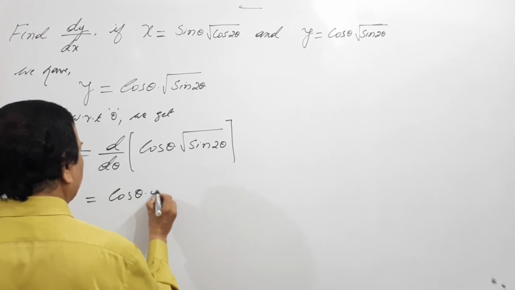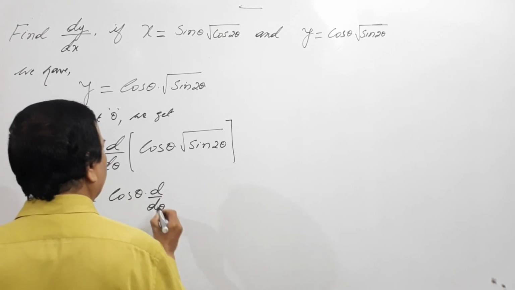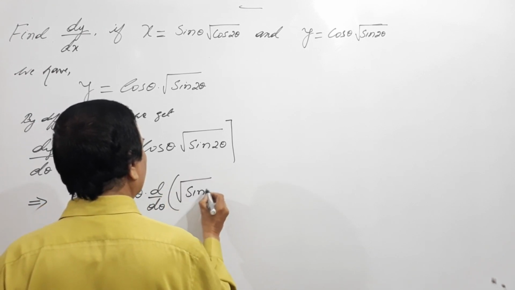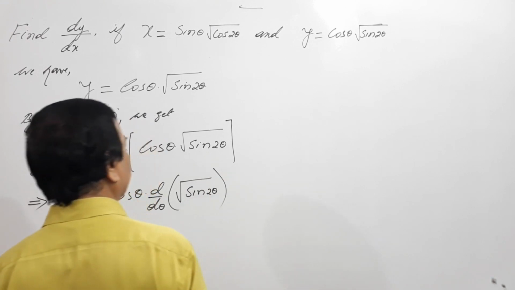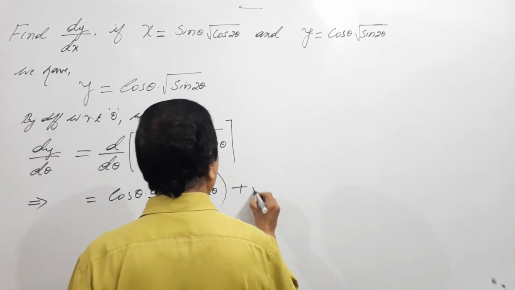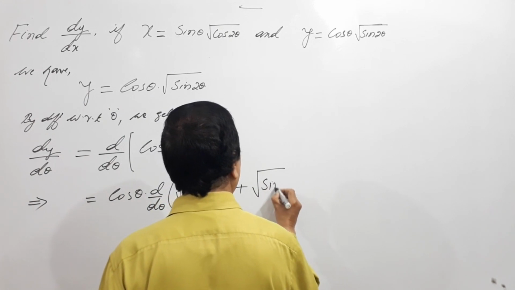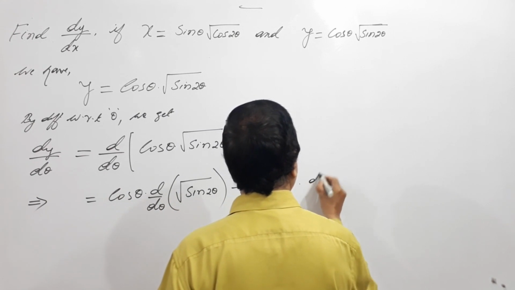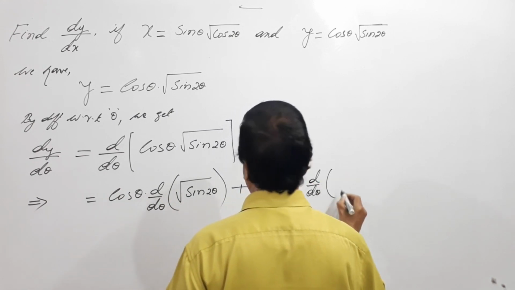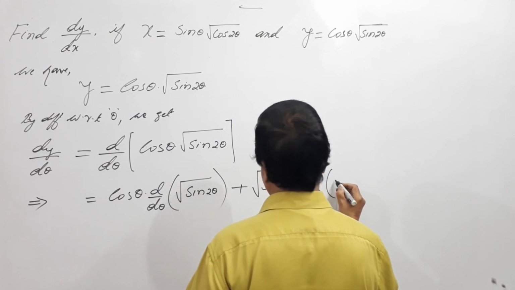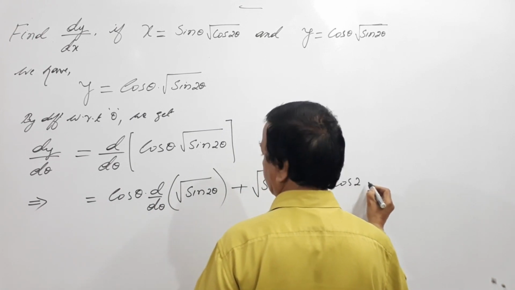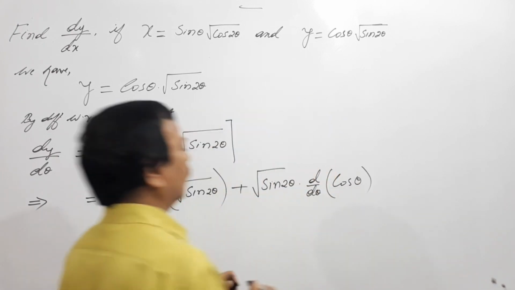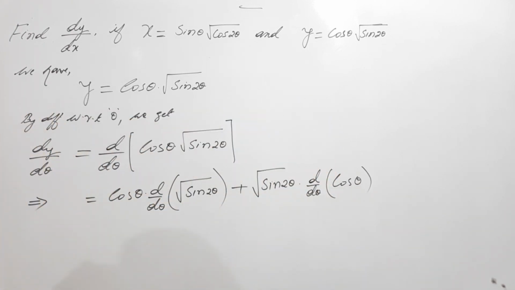Which implies that it is nothing but cos theta into d by d theta of under the root sin 2 theta, plus under the root sin 2 theta into d by d theta of cos theta. So what happens here?